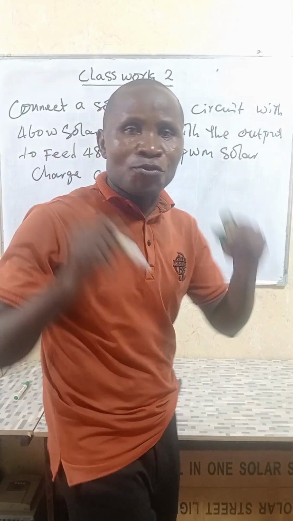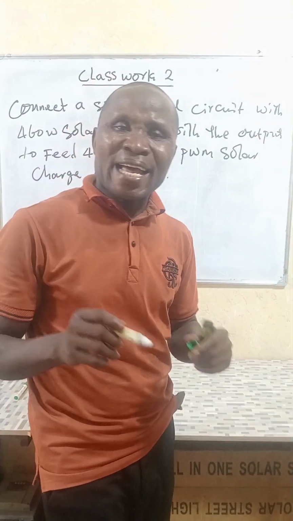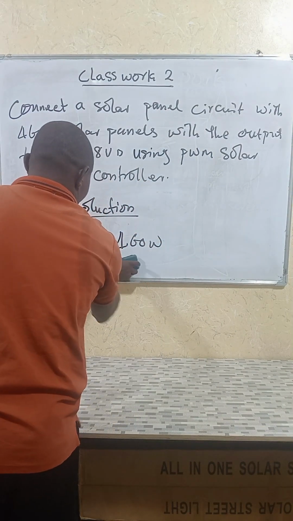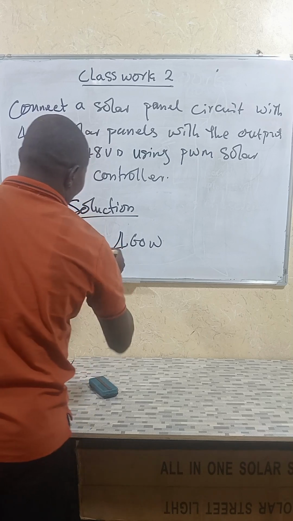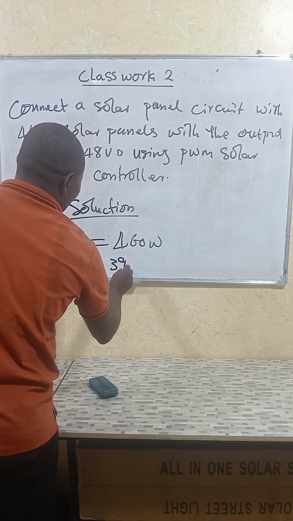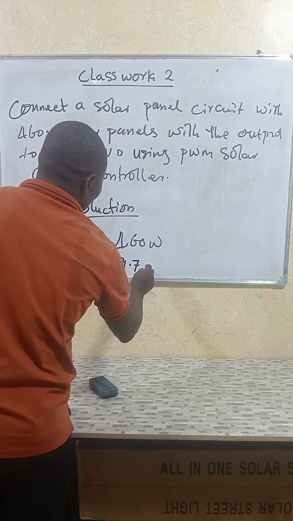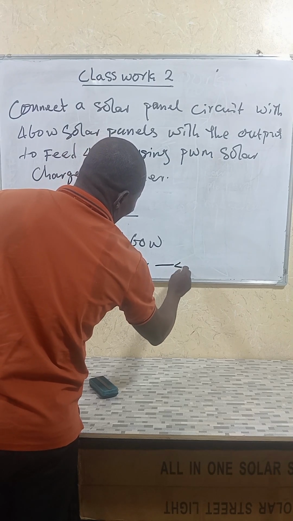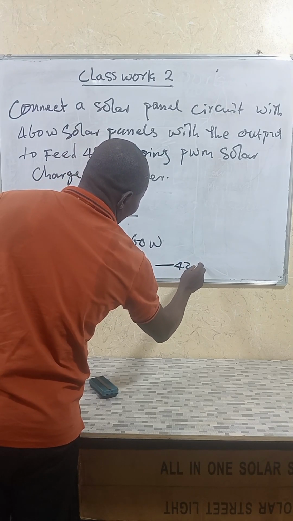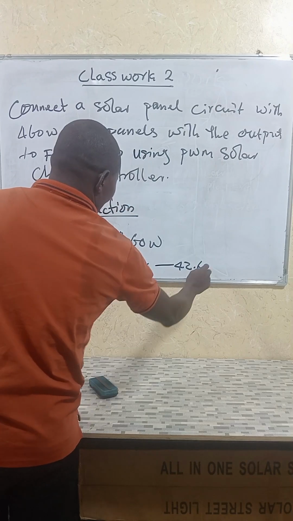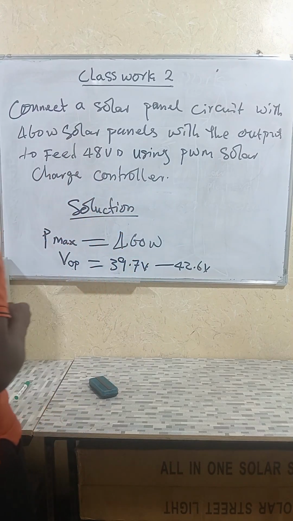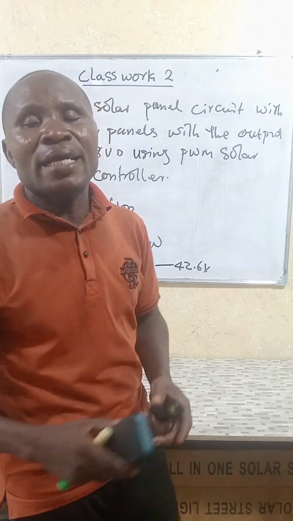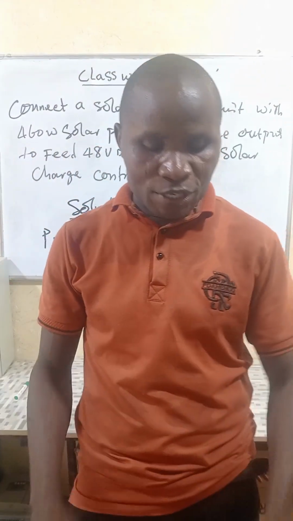The open circuit voltage is 39.7 volts to 42.6 volts.